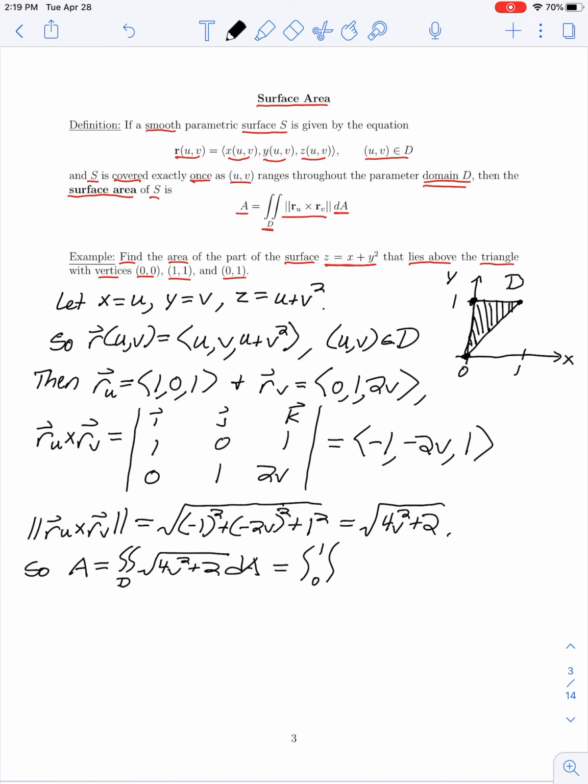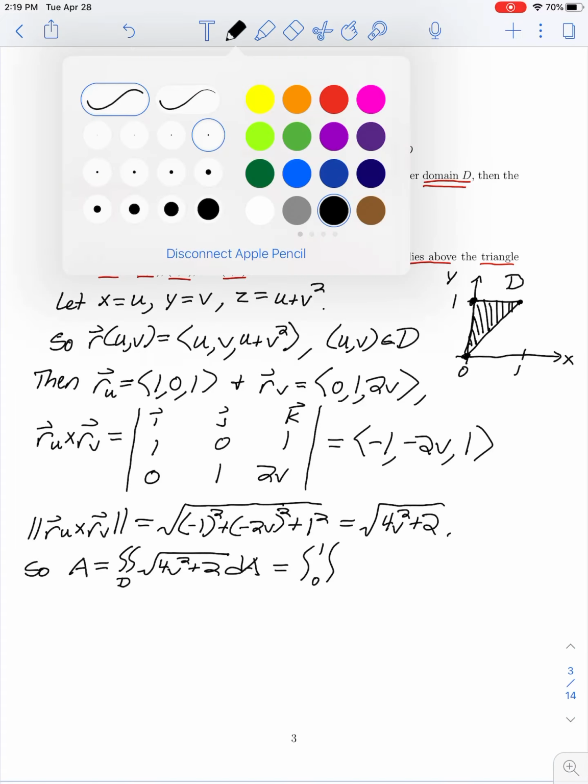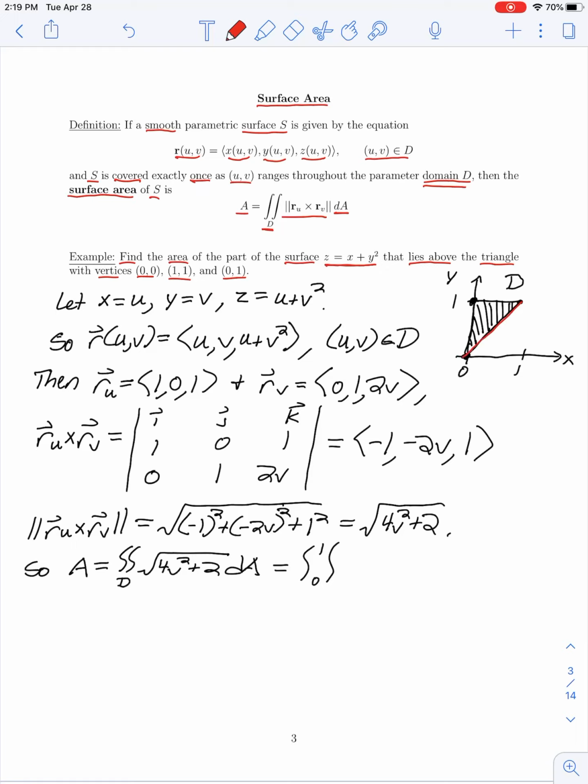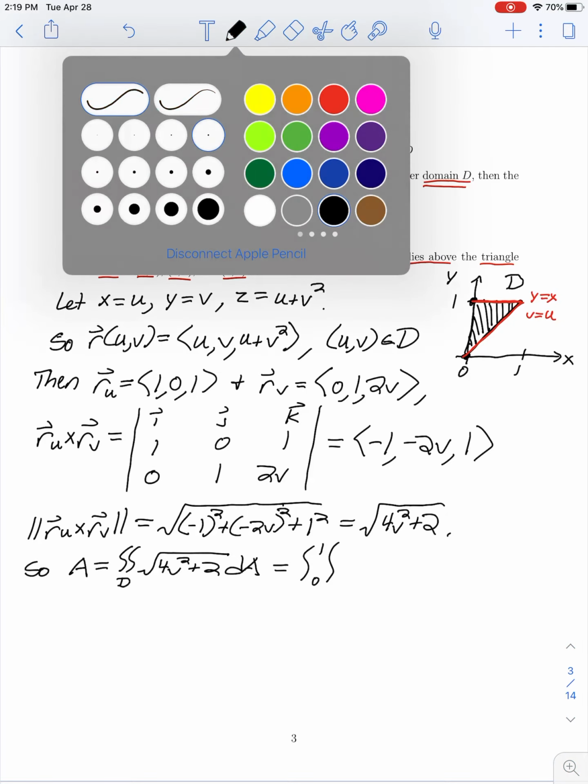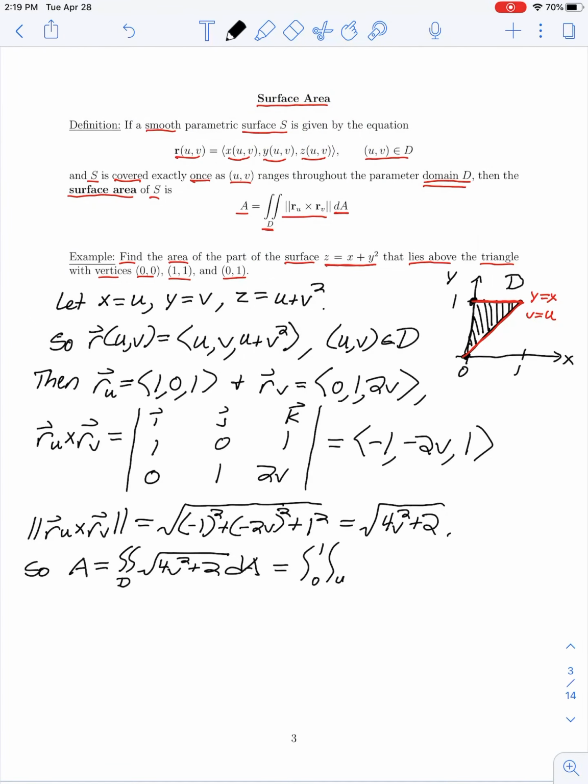And our inner integral with respect to v, well, our v value is bounded below by the line y equals x, or using our parameters, v is equal to u, and it's bounded above by the constant value y equals 1, or v equals 1. So for our inner integral, we're ranging from u to 1, and we are integrating the square root of 4v squared plus 2 dv du here.